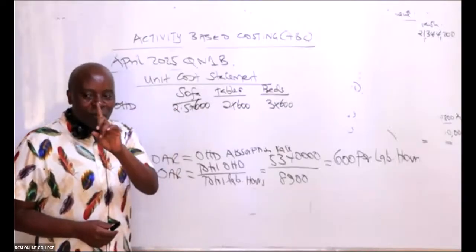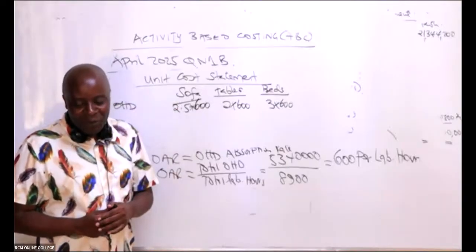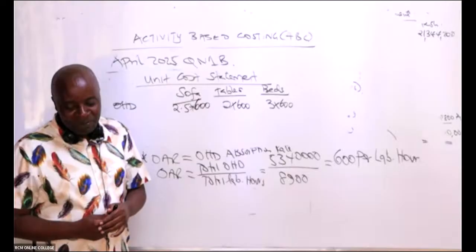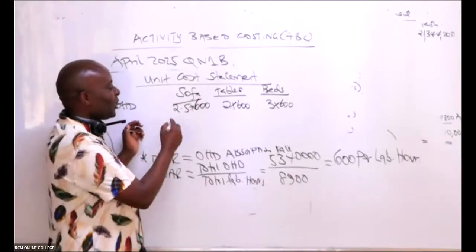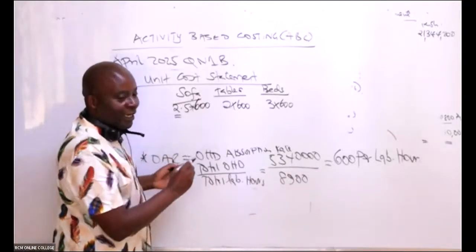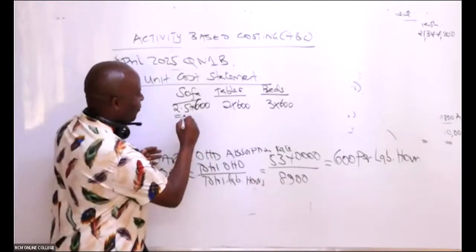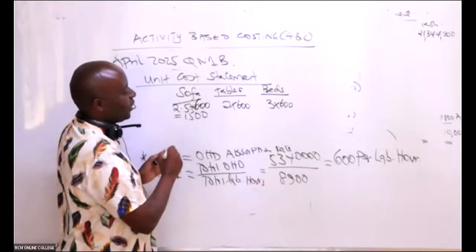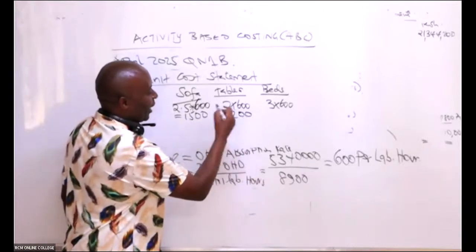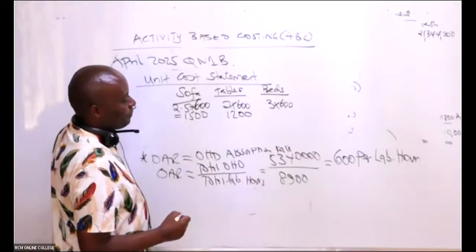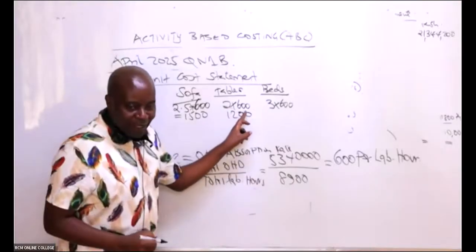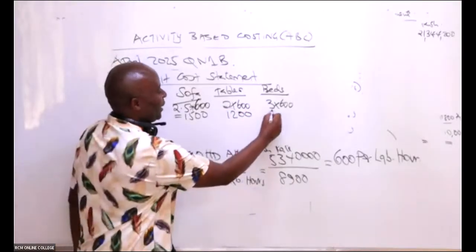But you see, this is just for one unit. So 2.5 times 600, this gives me how much? 1,500, thank you so much. This 1,200. 2 times 600. 1,800, the last one is 1,800.